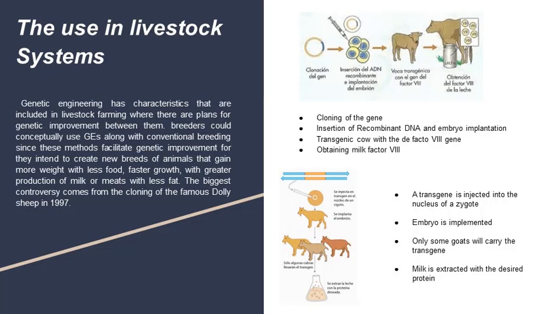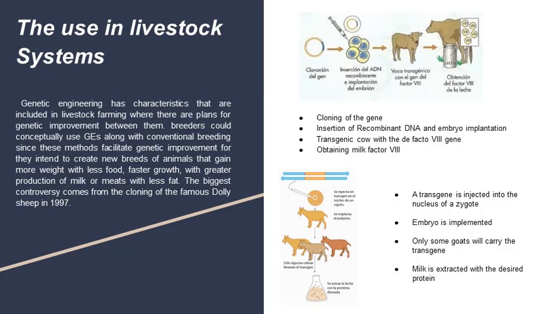In this second diagram, we observe, first, the transgene is injected into the nucleus of a zygote. Second, the embryo is implanted. Third, only some are born carrying the transgene.